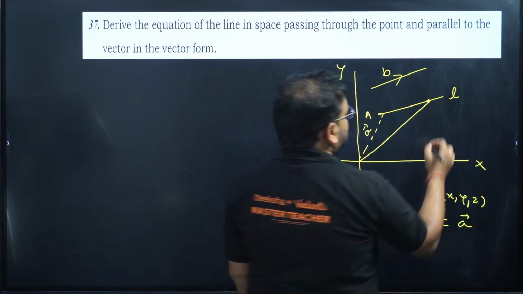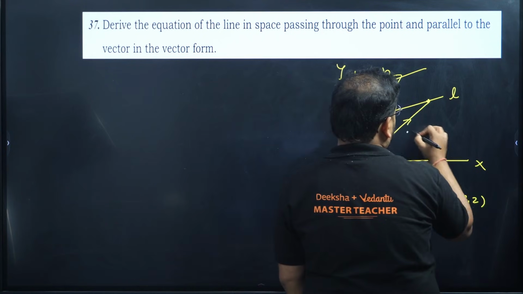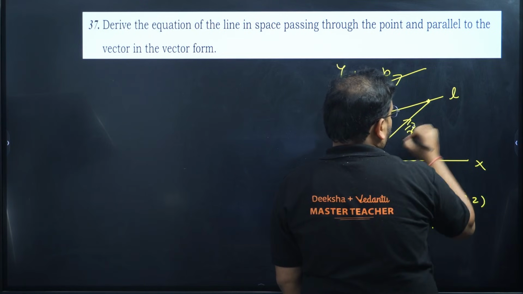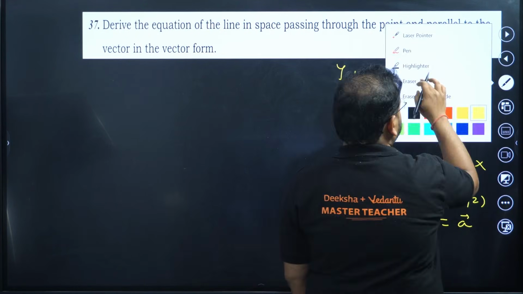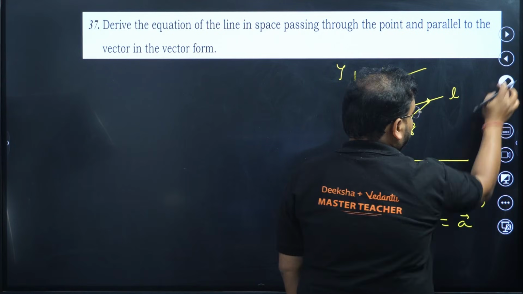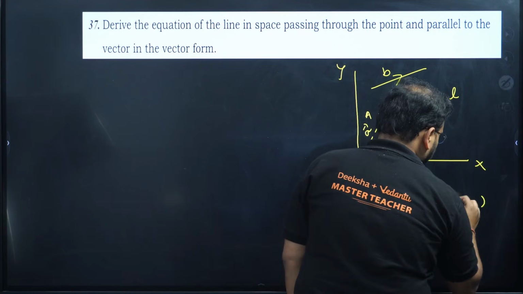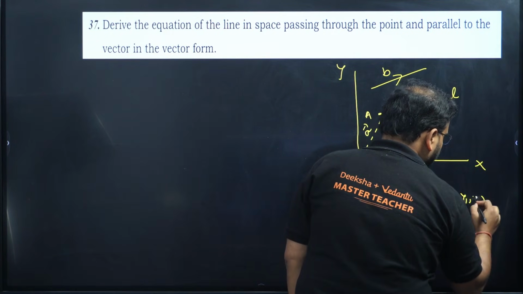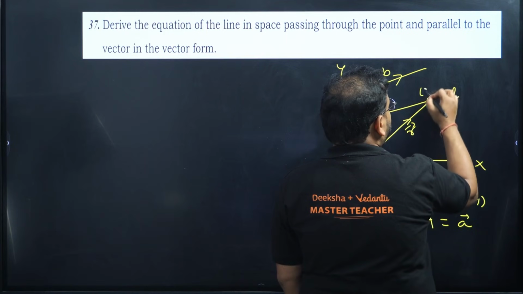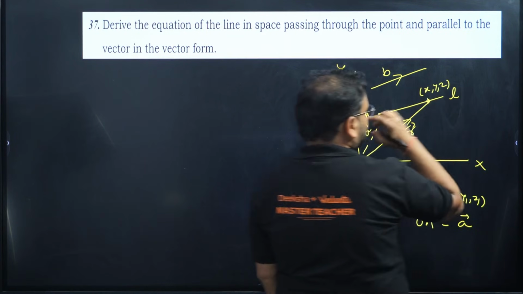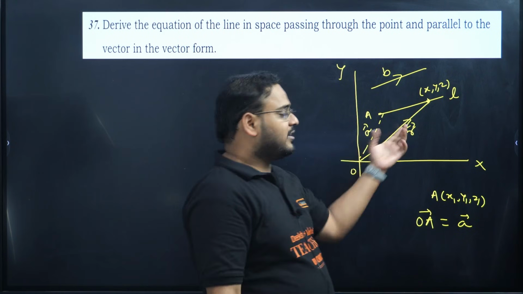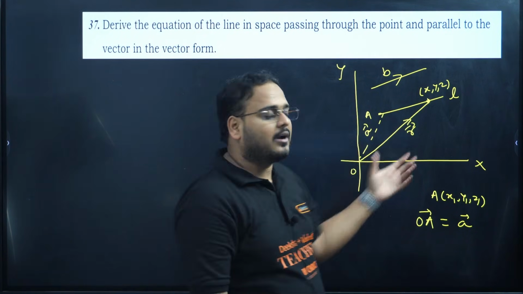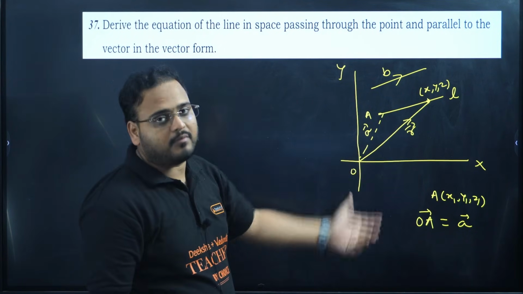So there will be a point, this will be vector R. And this point here is not x, y, z, it is going to be x1, y1, and z1. This point will be x, y, and z. I have taken any arbitrary point on the line L through which I have drawn the vector R. I am looking for the equation of the vector R, basically the general vector form of the line L.